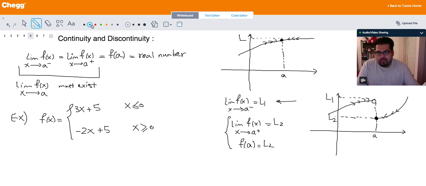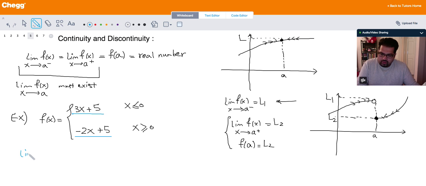So when you have a piecewise function and they ask you to see if this function is continuous or discontinuous, the main point that you have to check is the point where the function is changing. For x less than 0, I have this function, and for x bigger than 0, I have this one. So the function by itself is changing for values less than 0 and values bigger than 0. So I need to check the continuity at x equals 0.